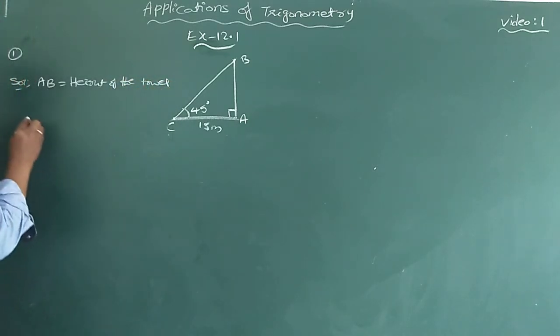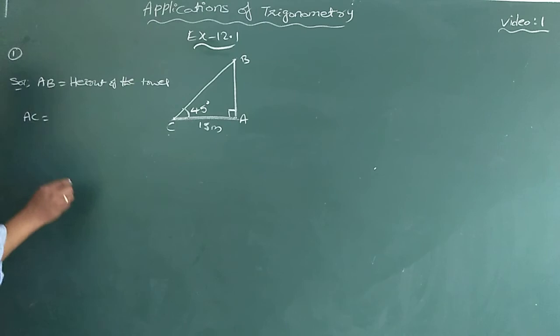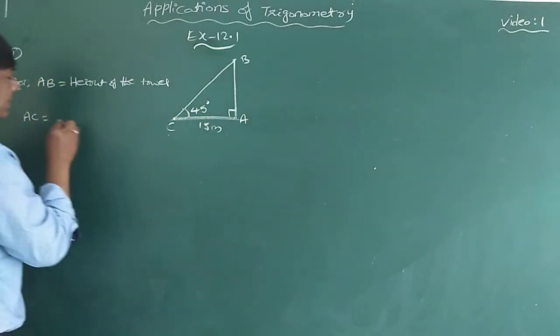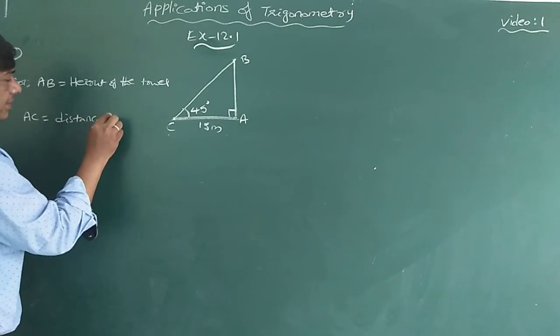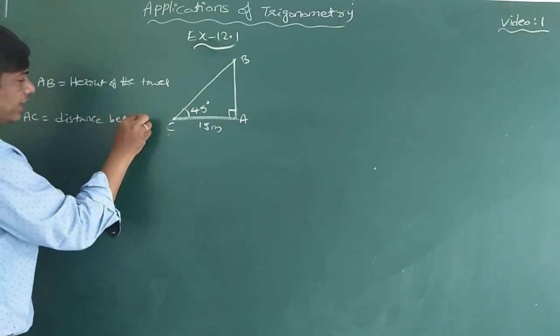AC is the distance from the point to the foot of the tower.